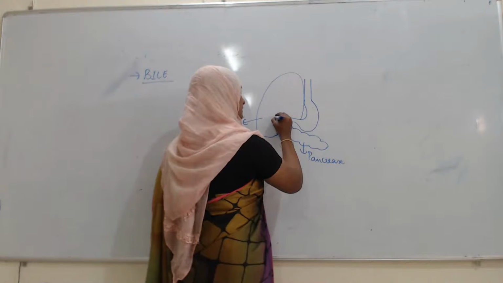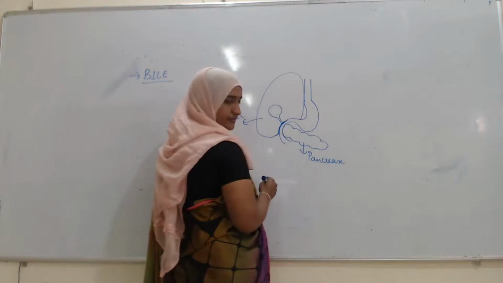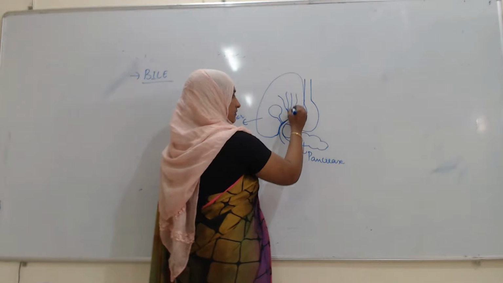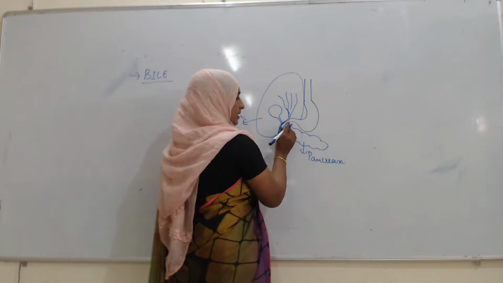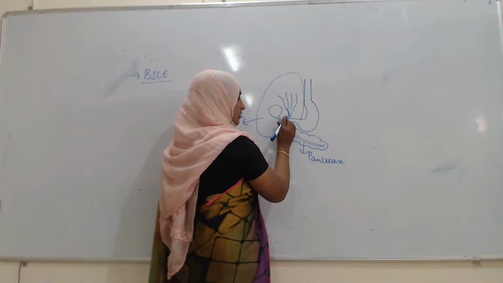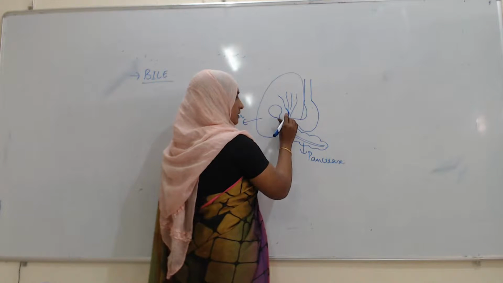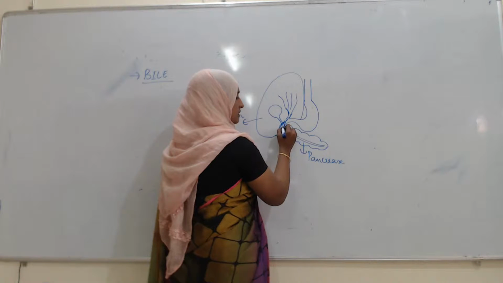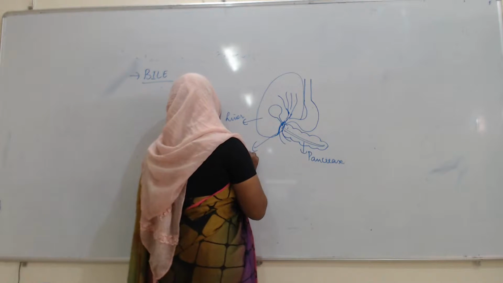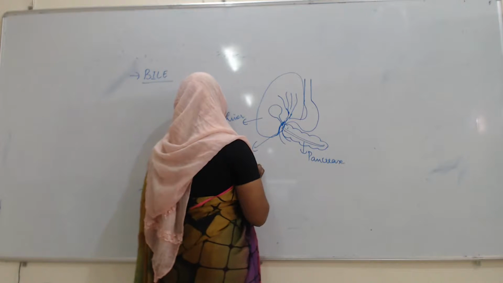Here there is the presence of a gallbladder. All the ducts from the liver communicate with the pancreatic duct, and then both ducts open into a common passage, a common duct that is known as the hepatopancreatic duct.